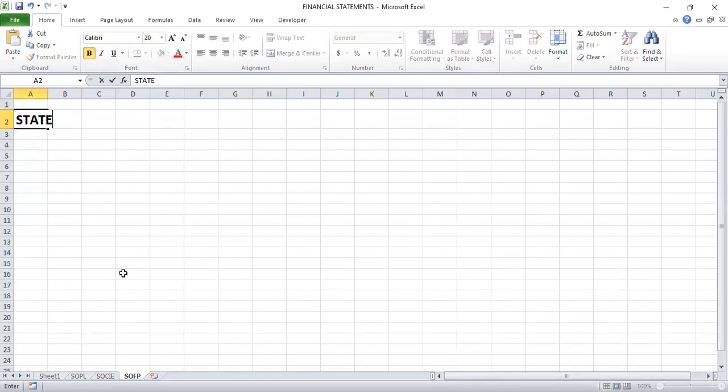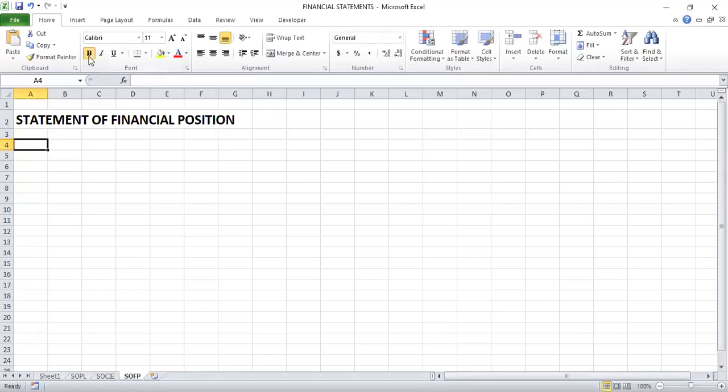Our statement of financial position. The statement of financial position is actually the statement in which we apply our basic accounting equation, which is assets equal to equity plus liabilities. Today I will look at the format.